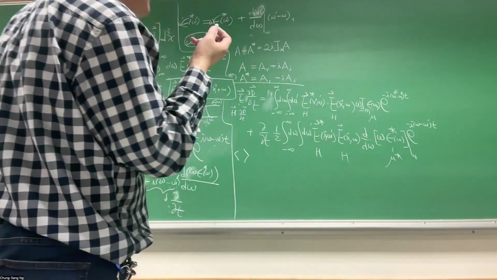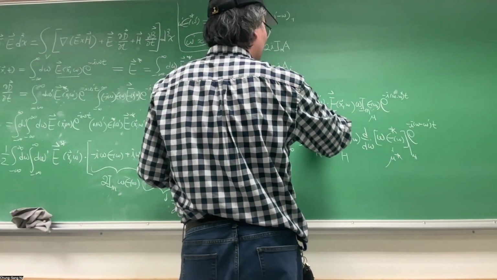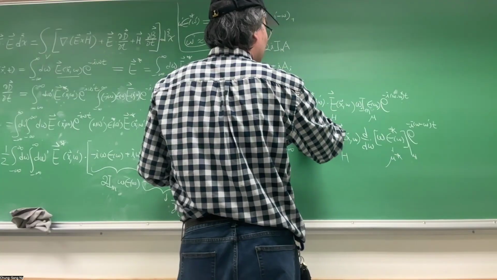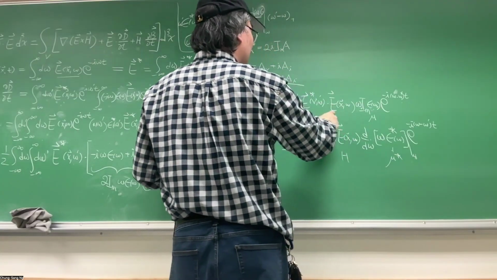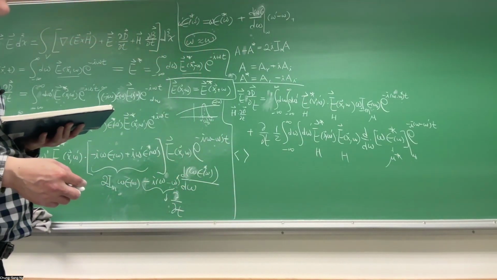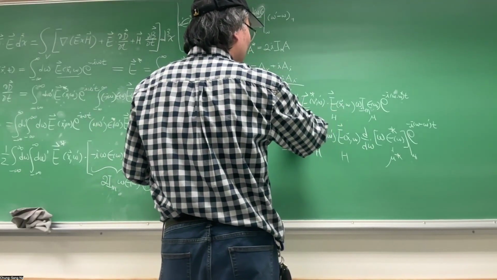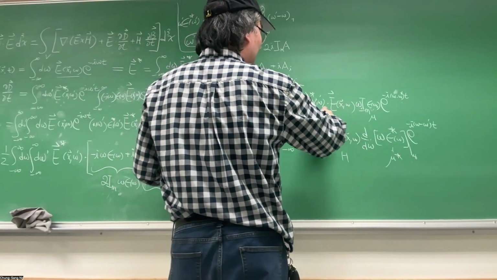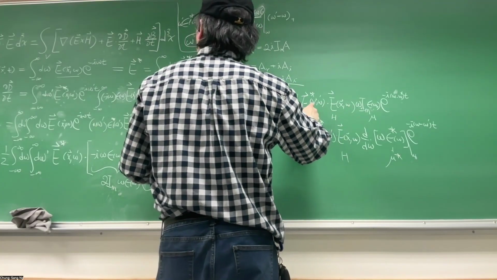Okay, and then you recognize this is nothing but the Fourier transform of E dot the Fourier transform of itself, the complex conjugate, or you can just do the evaluation. This is just like what we call the inverse Fourier transform.